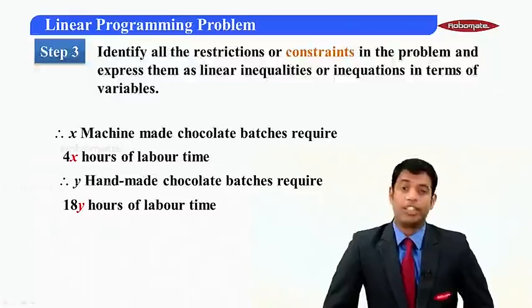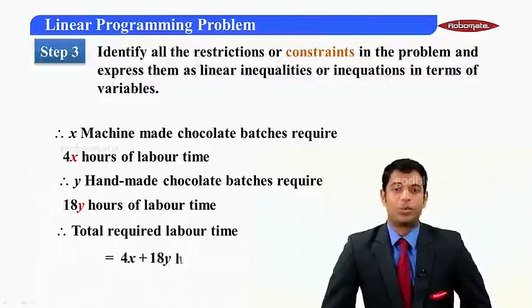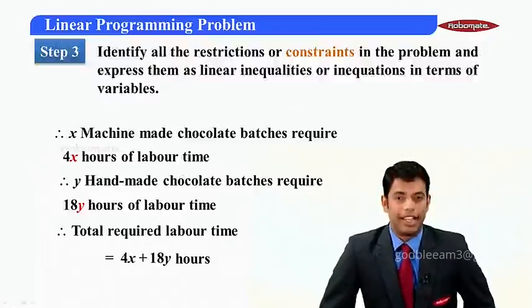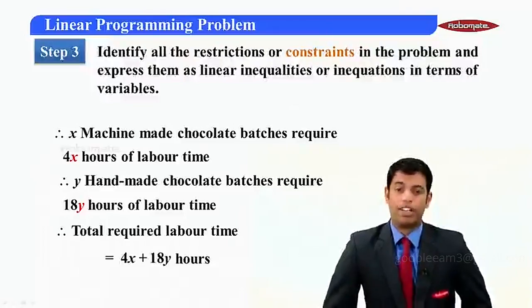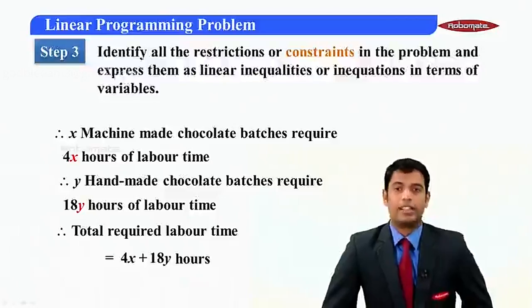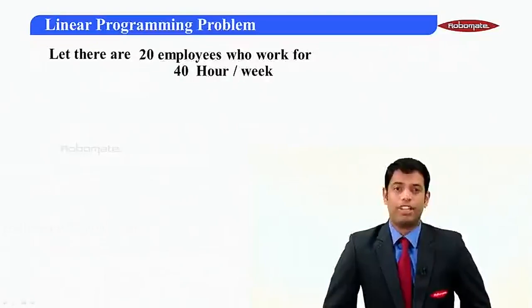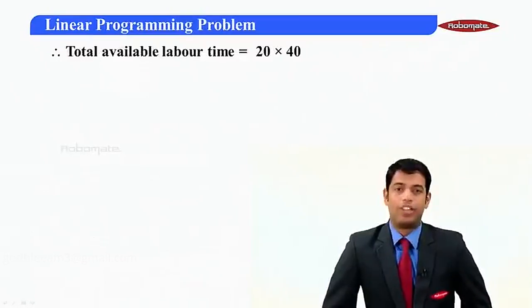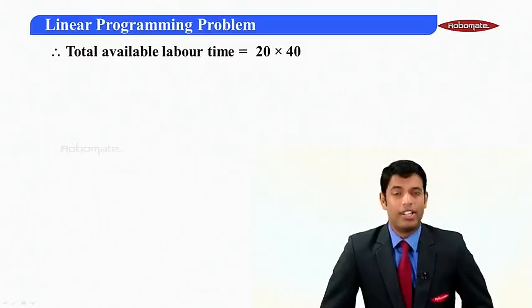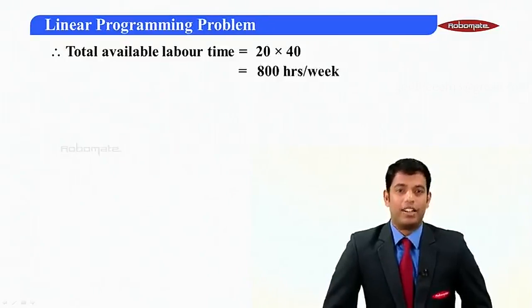So how much is the total required labor time for machine-made as well as handmade chocolate batches? Total required labor time will be the addition of these two, that is 4x plus 18y. Remember, total required labor time here is 4x plus 18y hours. Now suppose there are 20 employees who work for 40 hours per week, so total available labor time will be 20 multiplied by 40, that is 800 hours per week.